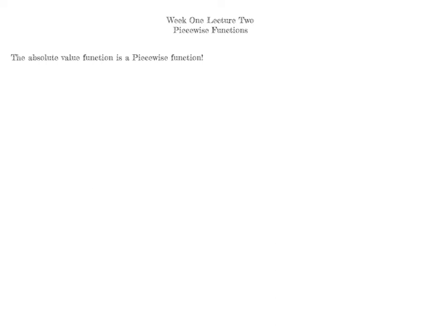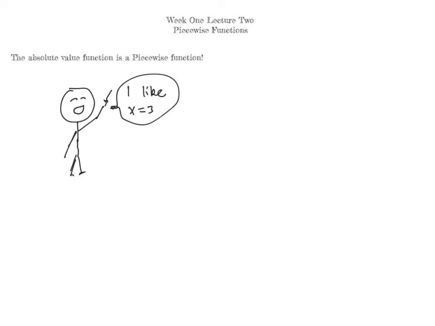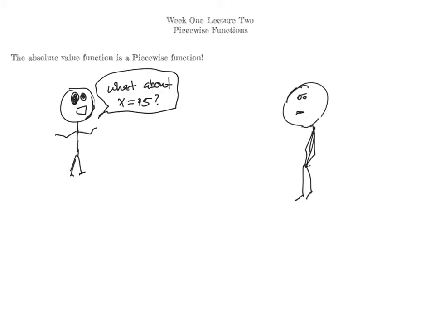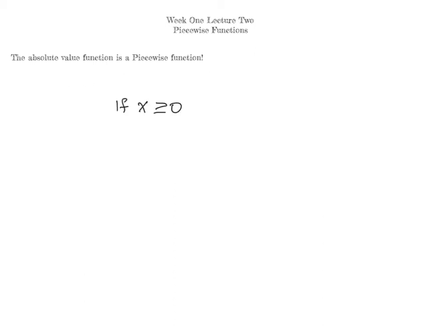Let's start with some examples. First, suppose we pick a positive number, like x equals 3. Then we know that the absolute value of 3 just equals 3. If we pick a different positive number, like x equals 15, then we find that the absolute value of 15 is 15. With a little thought, we realize that whenever x is greater than or equal to 0, the absolute value of x is equal to x.